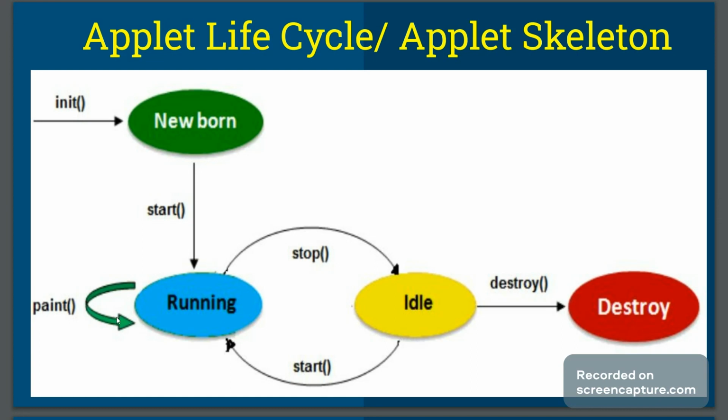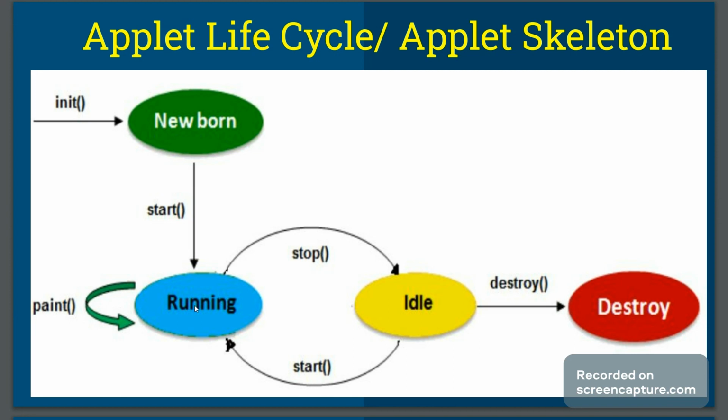So it means whatever output we want to display on an applet window, that code we have to write in the paint method. Init method will be executed only once, and this paint method will be executed multiple times whenever we run an applet.